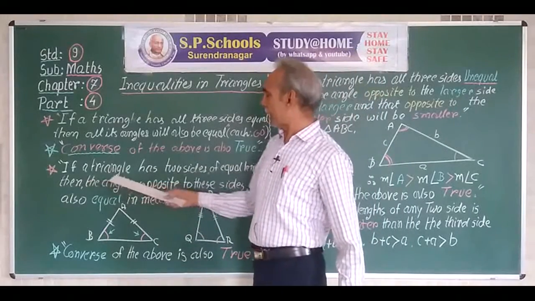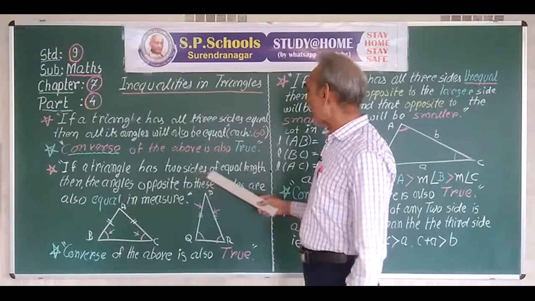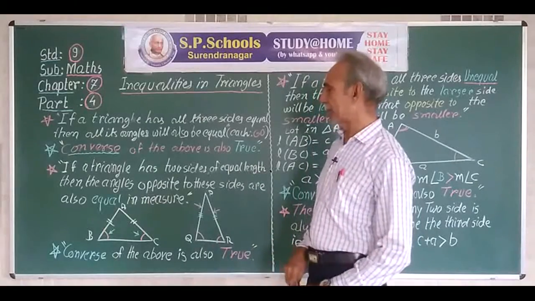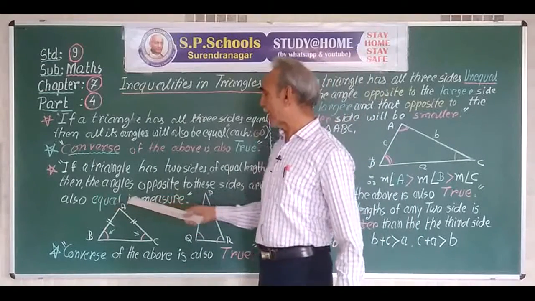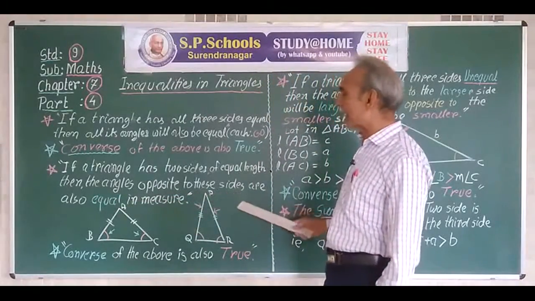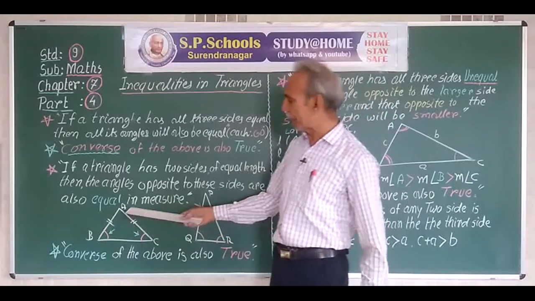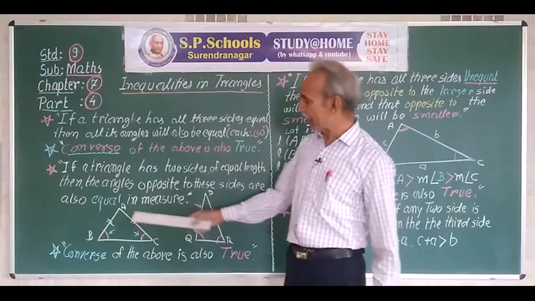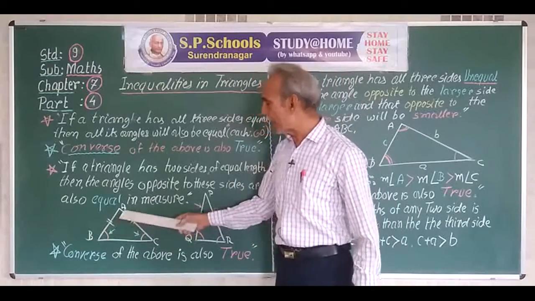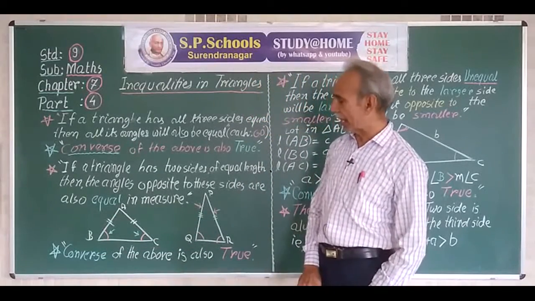Now, if a triangle has two sides of equal length, then the angles opposite to these sides are also equal in measure. Consider triangle ABC. In triangle ABC, sides AB and AC are of equal lengths.